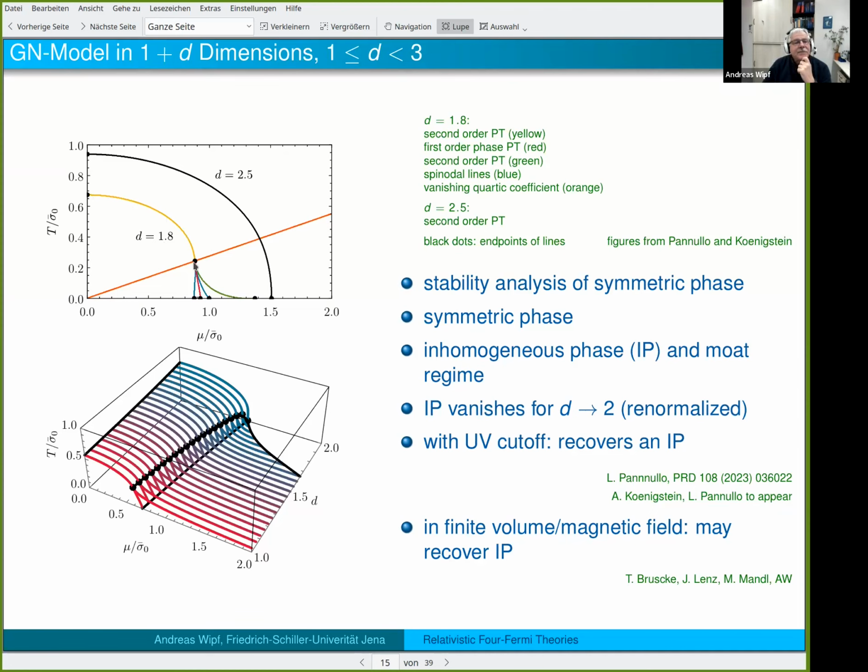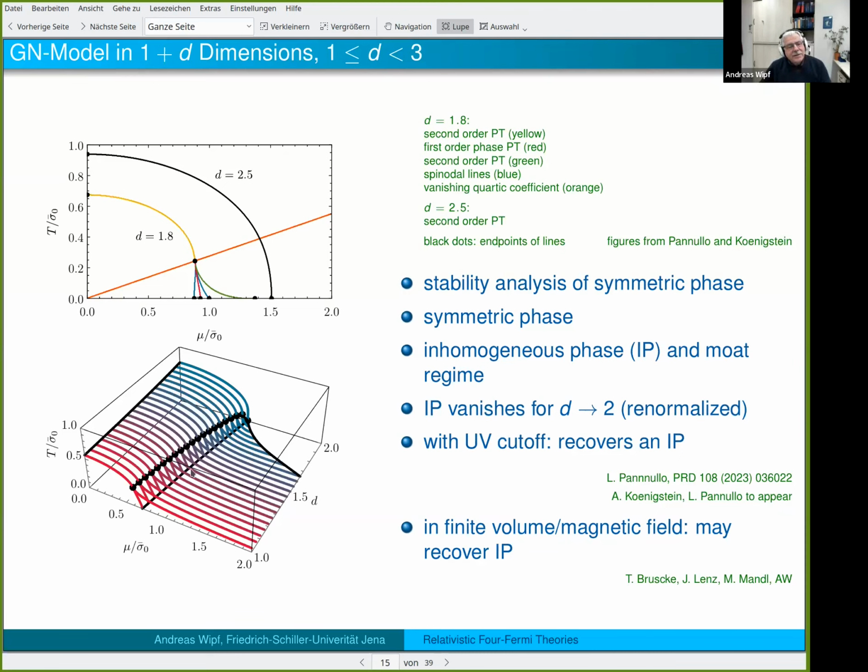We see this Lifshitz point, and the blue line again is a second-order transition between the inhomogeneous phase and the homogeneously broken phase, and so is the green line. Okay, so then you see there's again an inhomogeneous phase between the blue and the green line, and it's getting smaller, right? And then you increase the dimension, and if you go to 3.5 space dimension, the inhomogeneous phase is gone.